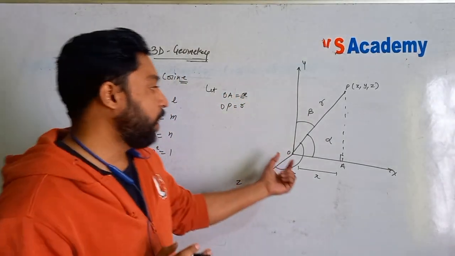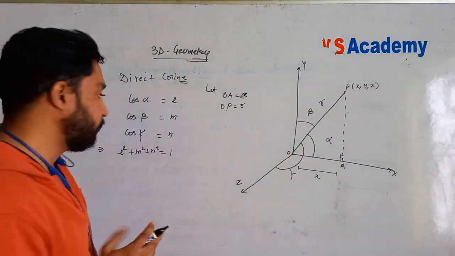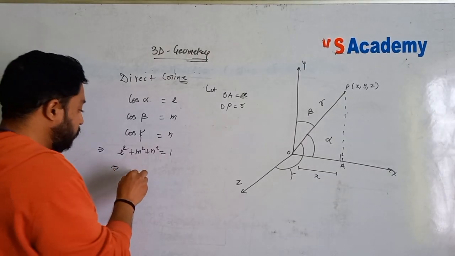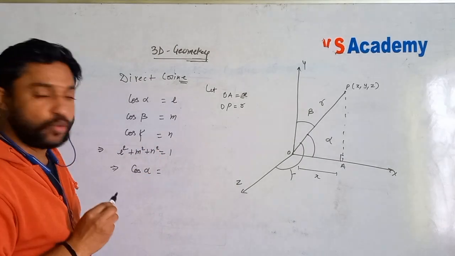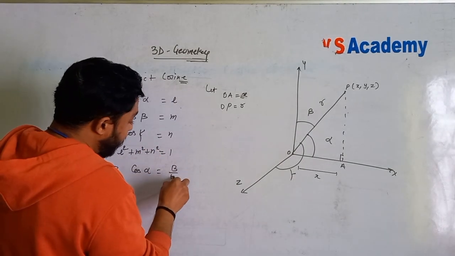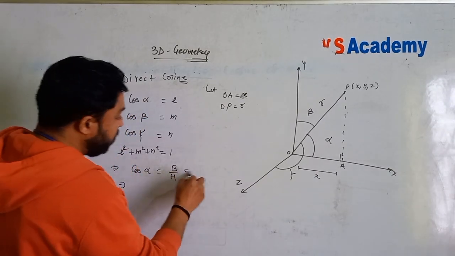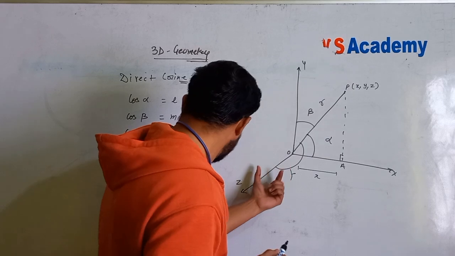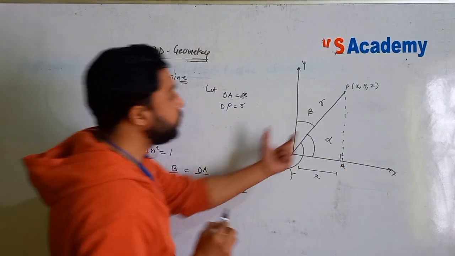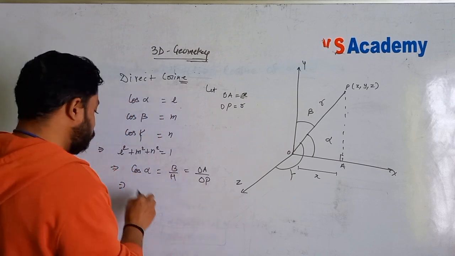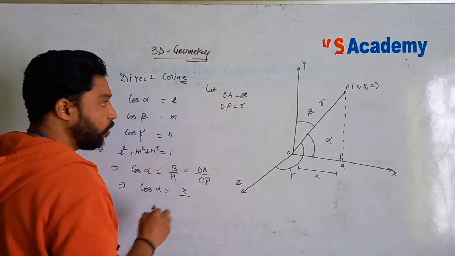Now, we have a right angle triangle, you can see here, PAO. In a right angle triangle, I can find cos alpha. What is cos alpha? It's nothing but base by hypotenuse. You know that. So you can see in the diagram, the base is OA and the hypotenuse is OP. So cos alpha is equal to OA, which is x, by OP, which is r.